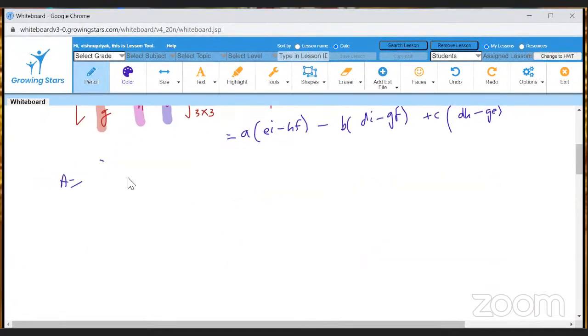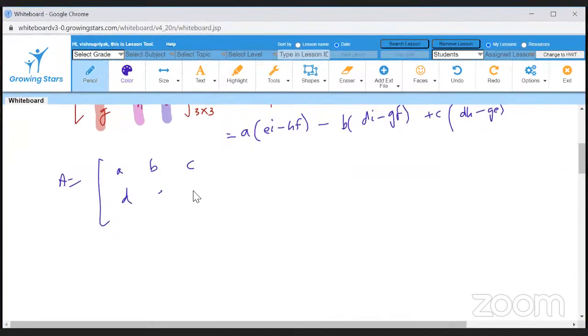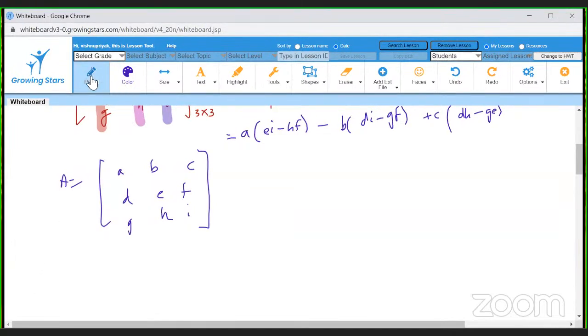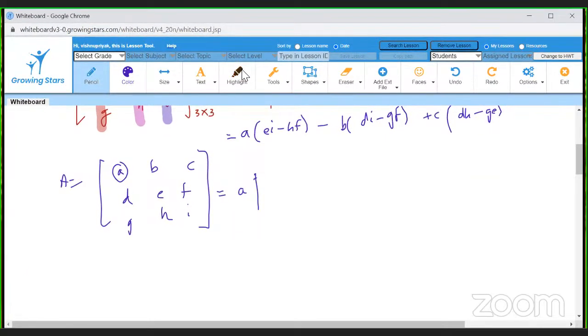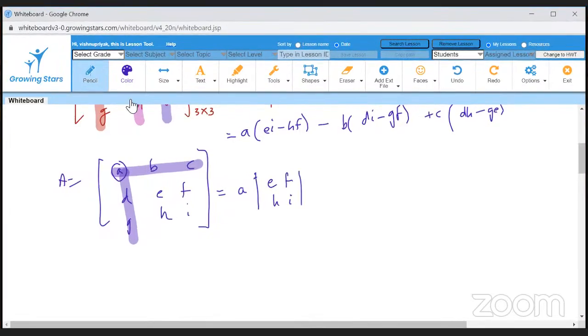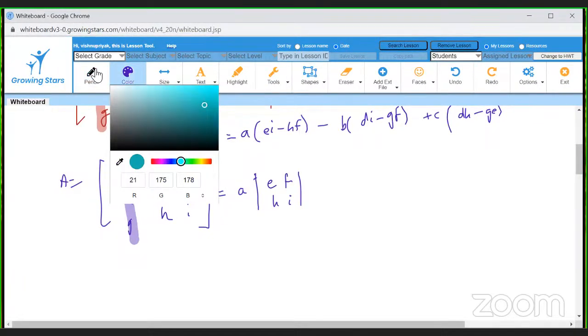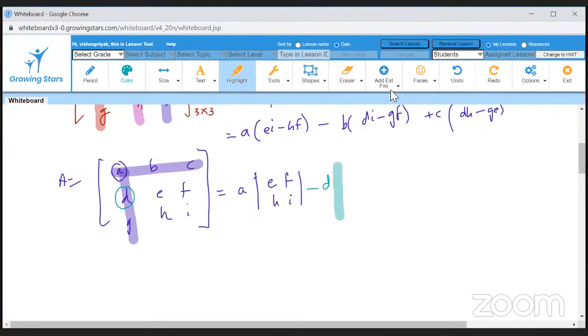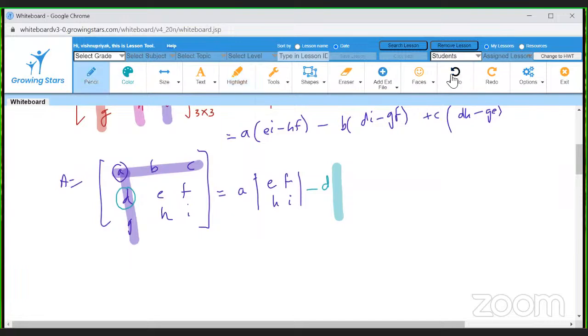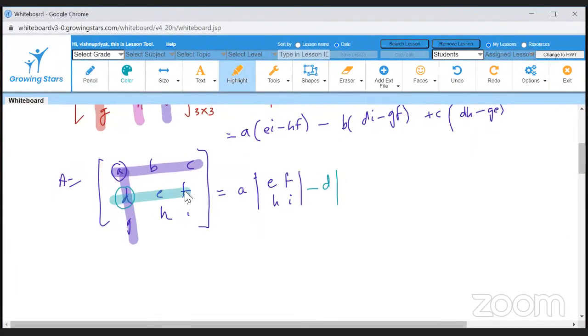Suppose you want to find the determinant of A, B, C, D, E, F, G, H, I. Then you can take A into, remove the A row, A column, determinant of E, F, H, I. Then instead of row, seeing column wise, minus D into, remove the D row and D column.